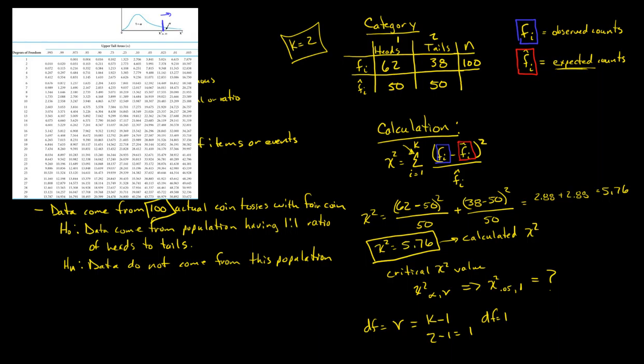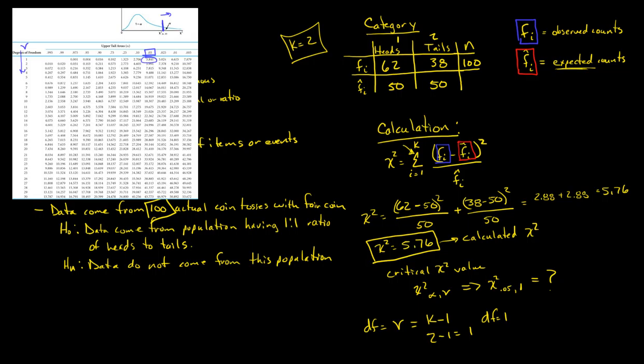And where do we find that? Well, here's degrees of freedom, our column here, and we read down this column. We only had one, and then our alpha level is here, and so 3.841 is our actual value.